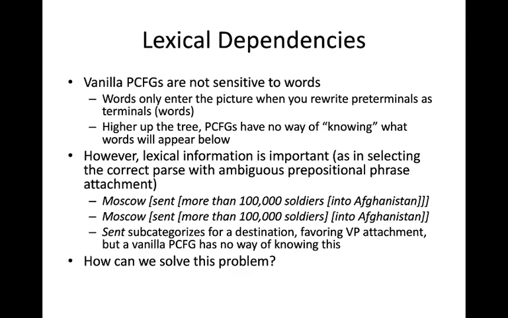It's important in selecting the correct parse, as in the example here. The verb sent subcategorizes for a destination. It prefers the destination reading. It favors VP attachment. But there's no way of expressing that with a vanilla PCFG.